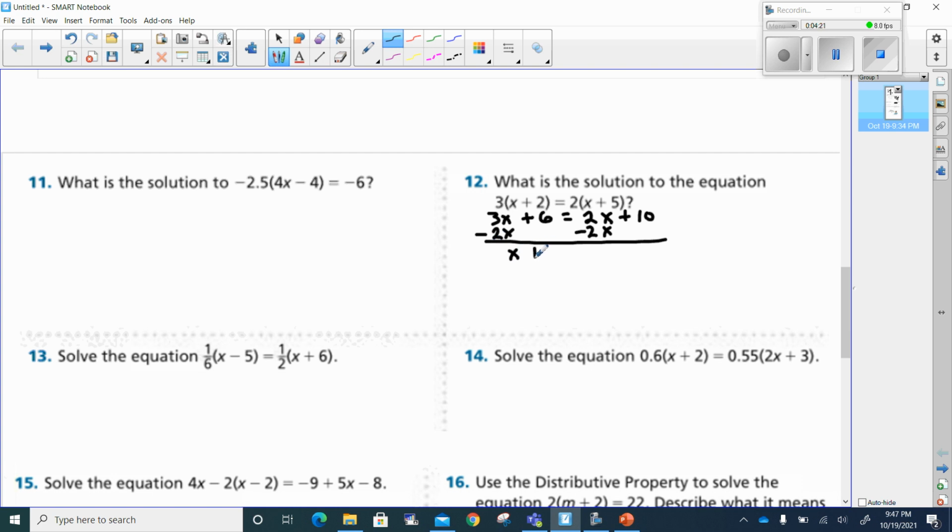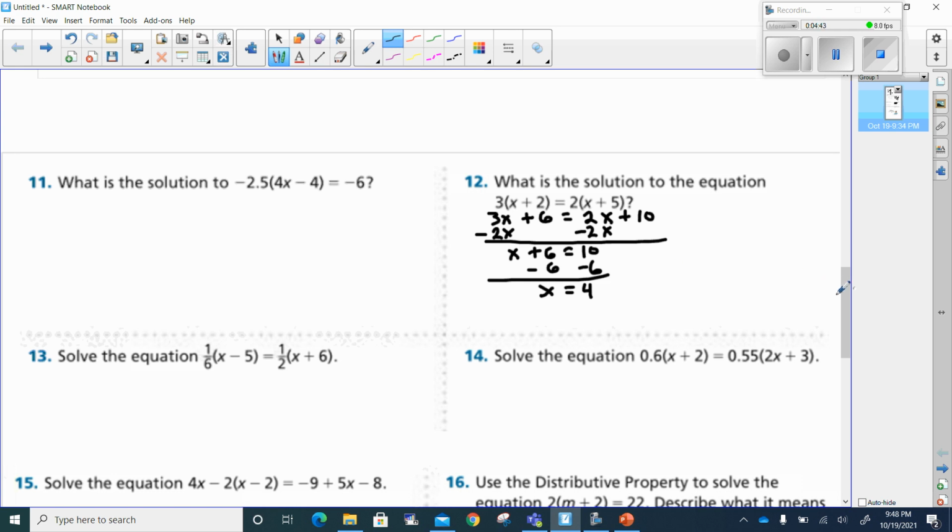Now I have x plus 6 equals 10. I'm going to subtract 6 so I can isolate my variable. And now x is going to be equal to 4, because 10 minus 6 is 4.